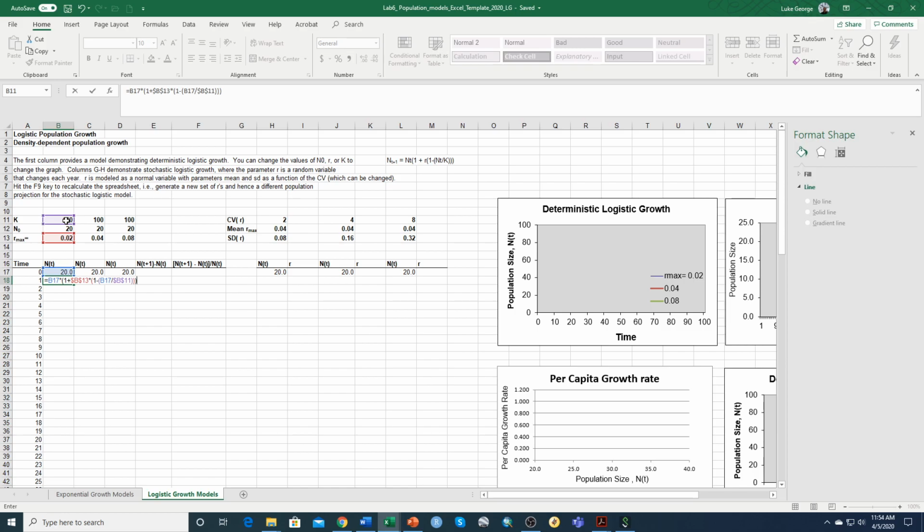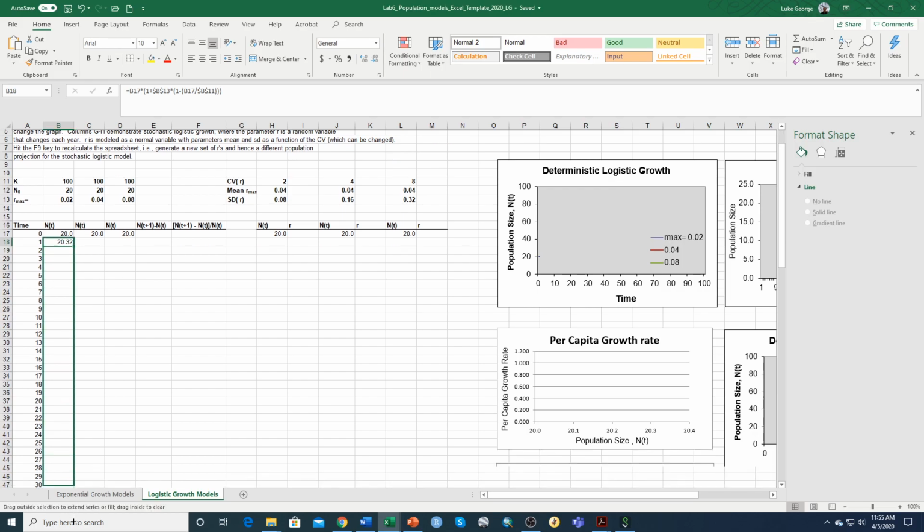It doesn't like it if it doesn't have closed parens. This is looking about right. With the exponential growth equation, this was 20.4, but we're partway into our population growth trajectory for the logistic, and so it makes sense that it slowed down a little bit.